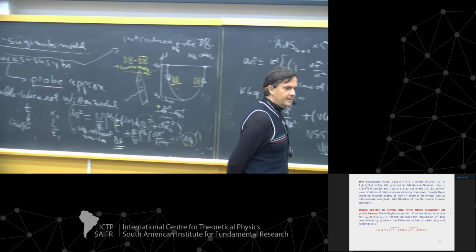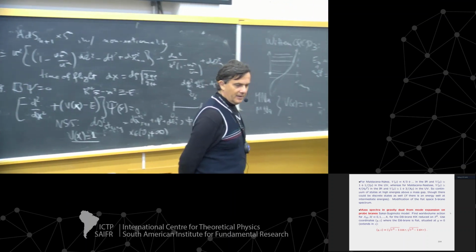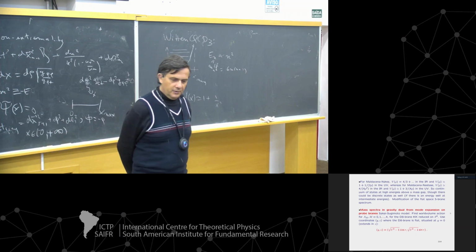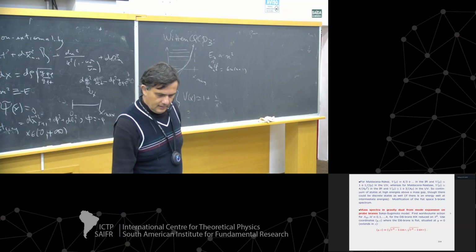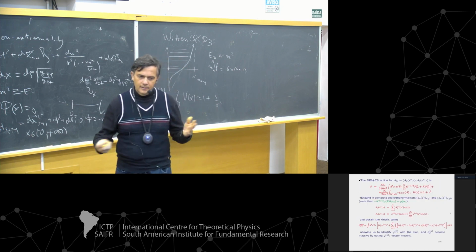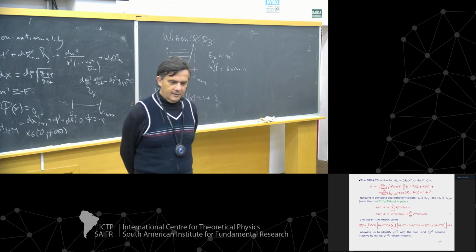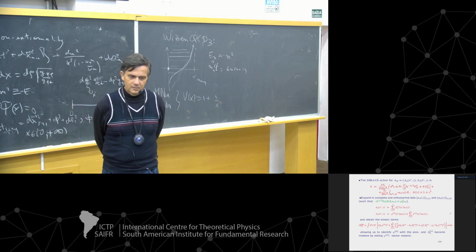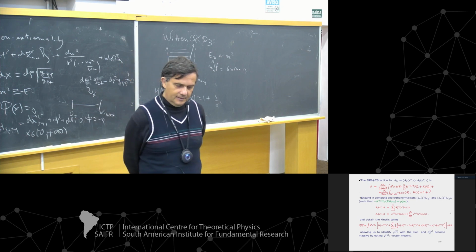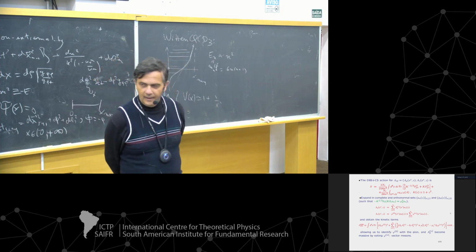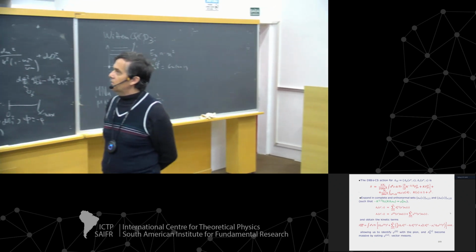So we compactify the D8 world volume action on S4, and then you use the solution for U versus tau. That's written again here. And then for the action on the D8 brane, you substitute the ansatz, and you find some action for the fluctuations written on this page 215.